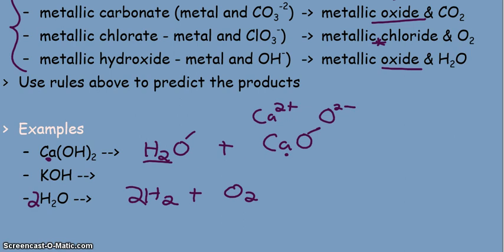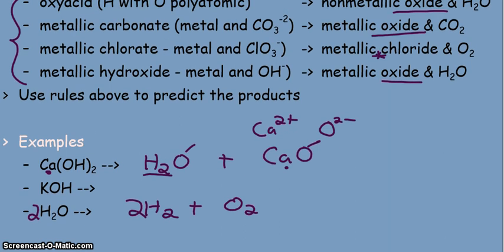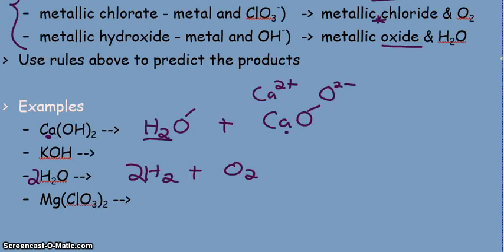Let's do one more. I'm going to pause here quick and add in another compound. So I just want to add in another one of the more complex ones. So here we have magnesium chlorate, which means that I have a metallic chlorate, and it tells us we move into a metallic chloride and oxygen. So let's get the oxygen down. That one's pretty straightforward.